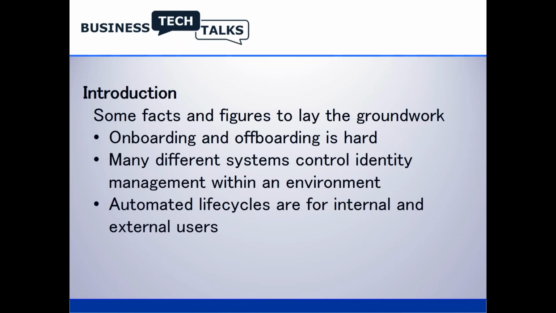Part of this life cycle is being able to add the correct licensing for applications and services, and making sure that they have access to company assets, and the correct access to these assets. This could be mapped drives, VPN, security policies, and it could be on-prem or off-prem.